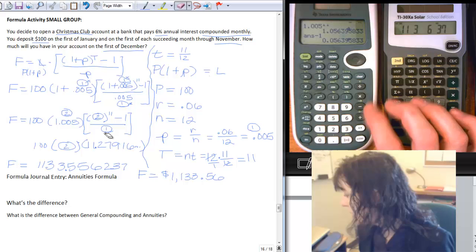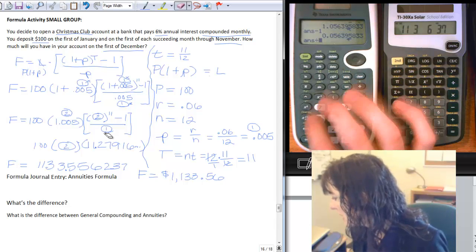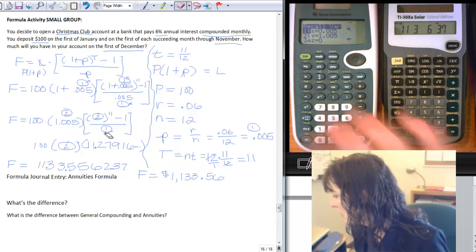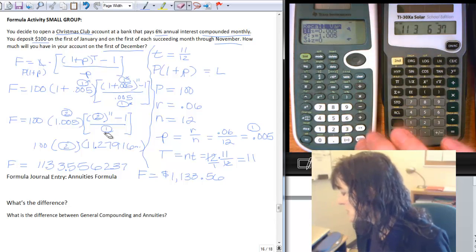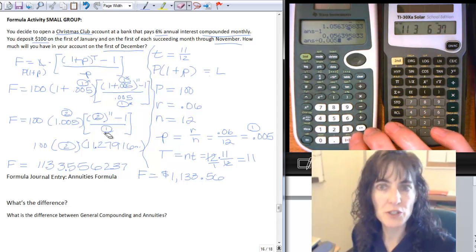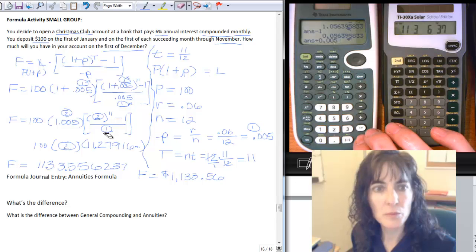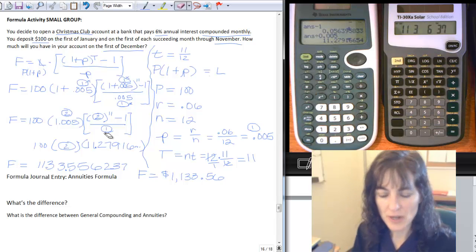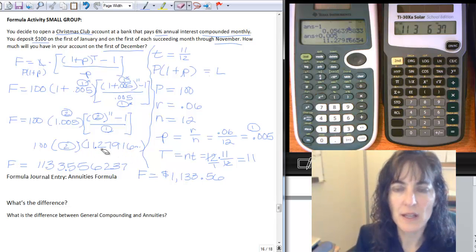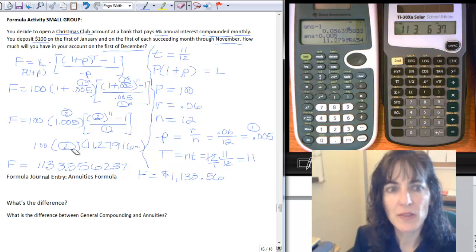and then next thing divide by what's in that first bin, or the X bin on this calculator. So divided by, and I have to do recall, and X is the first thing that comes up, so push enter. That puts it into my problem, my answer divided by the 0.005, push enter, and then you can see we got this 11.27916, etc. right there. And so next thing I need to do is multiply by that second bin, or it's the Y bin in this case, and then by 100.